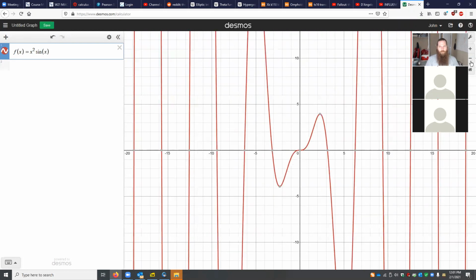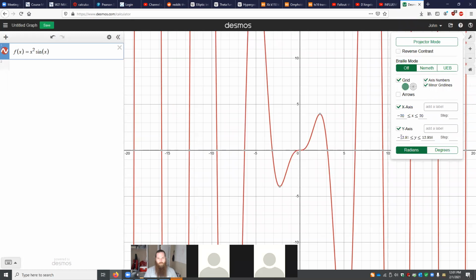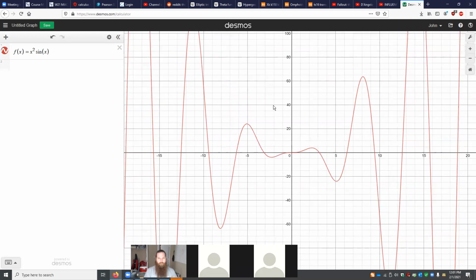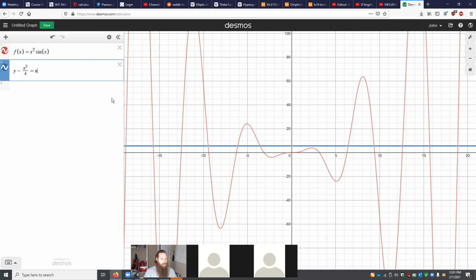I can rescale my y-axis here, something like this. And I'm looking for the equation of the tangent line at pi over 2. I claim that that is y minus pi squared over 4 equals pi times x minus pi over 2.